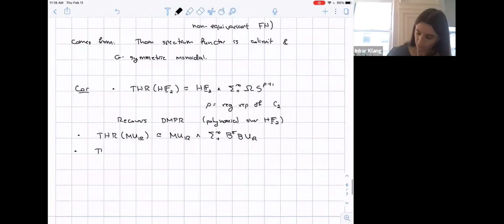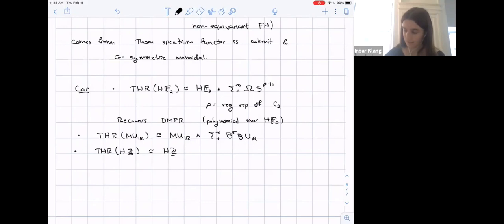And then there's also the computation of THR of HZ. So this is HZ, and then also wedged with some copies of HZ/k.